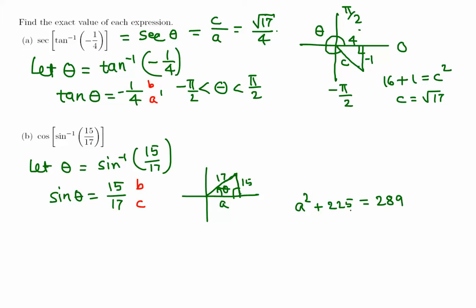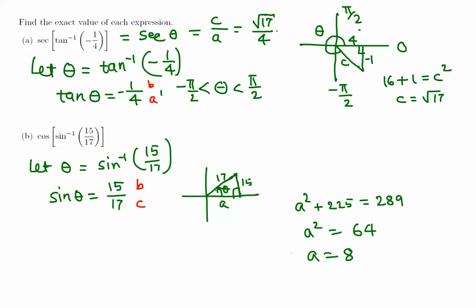17 squared is 289. Subtract 225 from both sides, and we get 64. Now take the square root of both sides, and A is the square root of 64, plus or minus 8, which is 8, because everything is positive in the first quadrant.